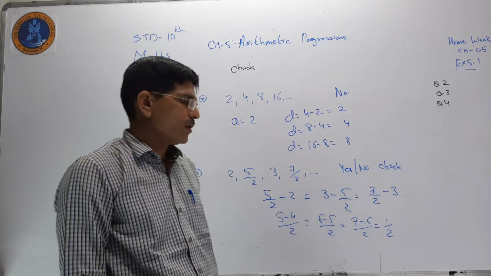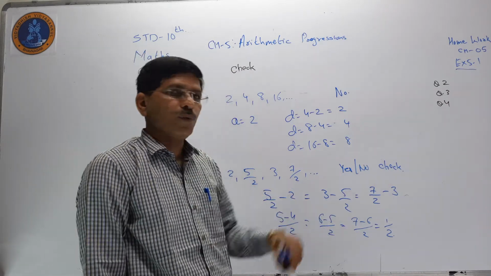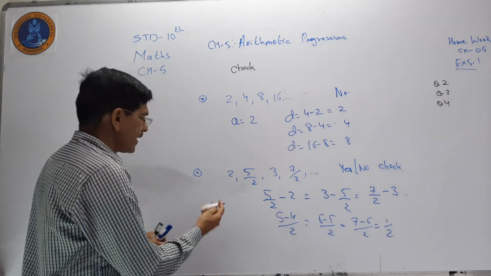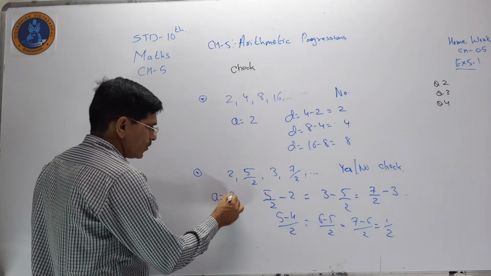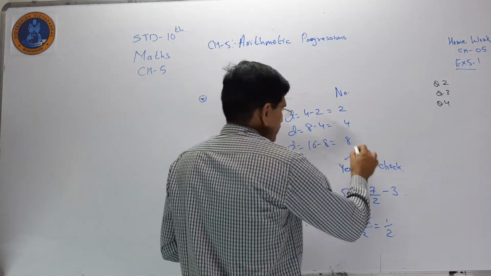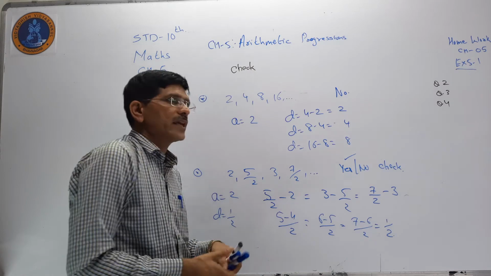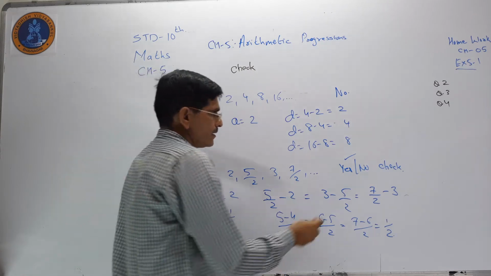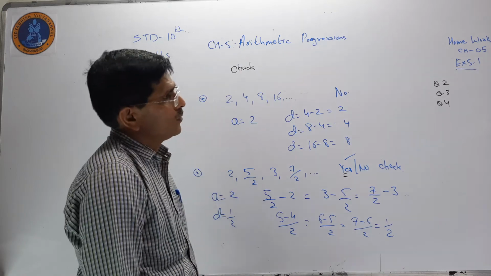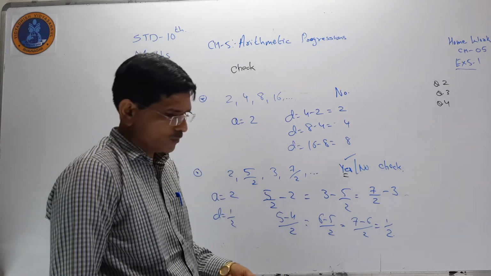So here the fixed number added every time is 1 by 2. So A is equal to 2 and D is equal to 1 by 2. So we can say yes, the answer is correct.